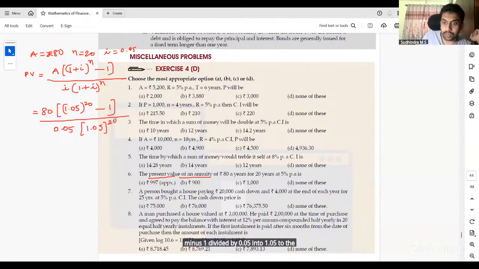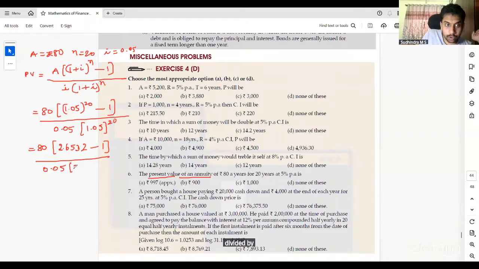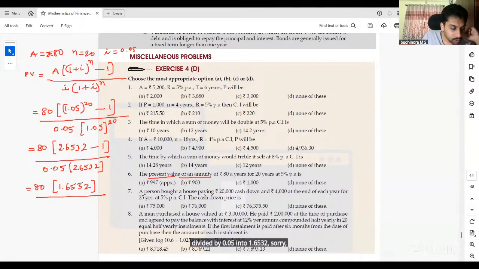That is 80 into, what is 1.05 to the power 20? 2.6532. 2.6532 minus 1 divided by 0.05 into 2.6532. 80 into 1.6532 divided by 0.05 into 2.6532, that is 0.1326.